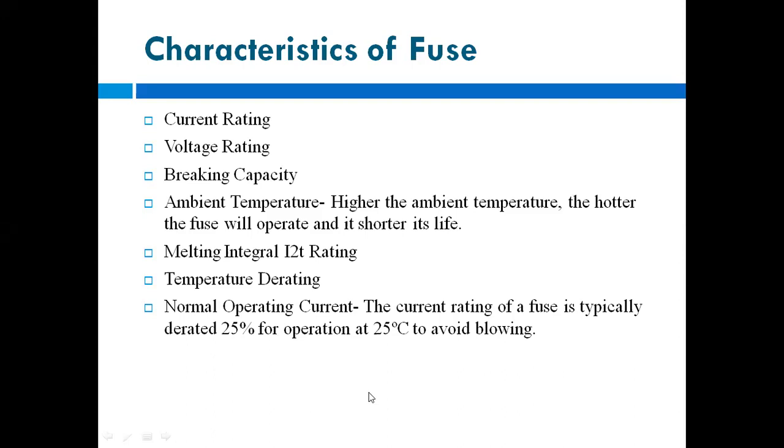If that current rating is decreased by 25%, then the temperature will also decrease, right? It may increase the life of your fuse. So these are the characteristics, and there is one more important characteristic, that is the time current characteristic. Is there any problem, any doubt in the characteristics?